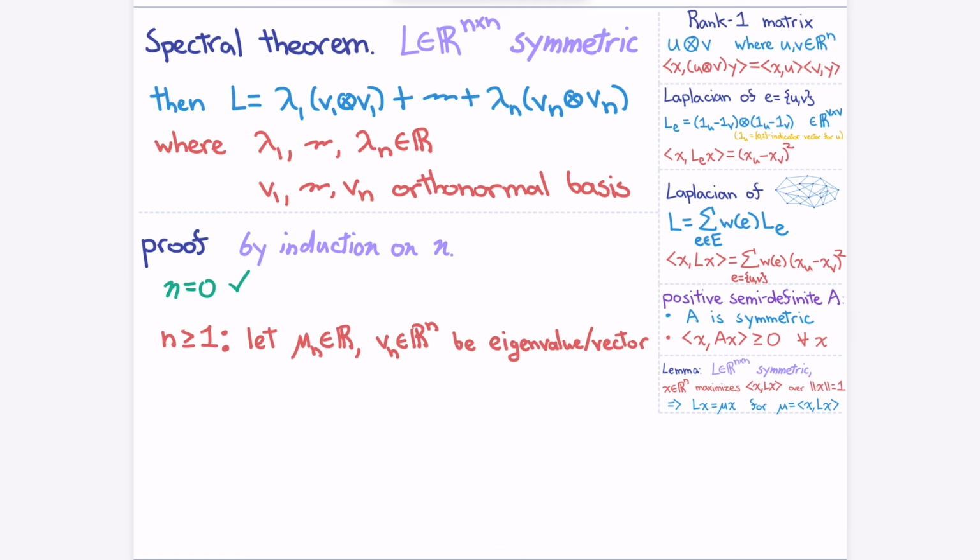Starting from some general n, we can apply that theorem from before to get one eigenvector and one eigenvalue. We know how to get one. And now the question is, how do I do the inductive step? Any ideas? Extend it to a normal basis, or like often.